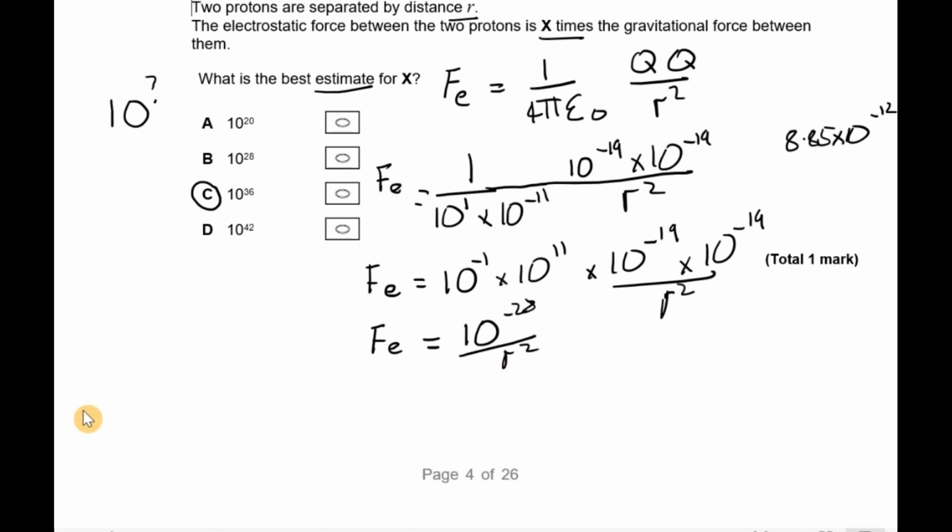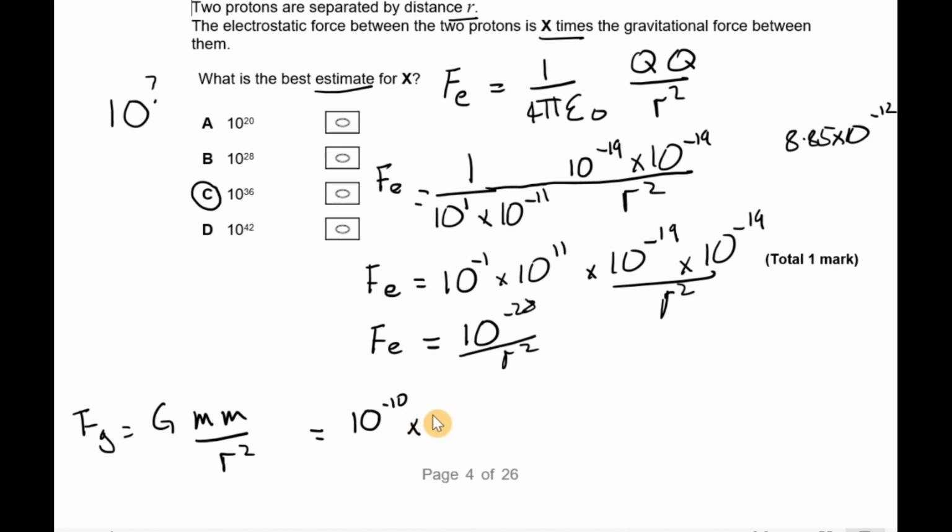Now I need to do the same for the gravitational force, which is gravitational constant multiplied by the masses over r squared. The gravitational constant is 6.67 times 10 to the minus 11, which is approximately 10 to the minus 10.